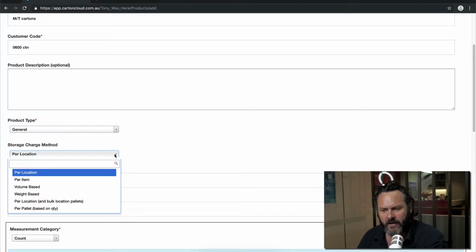Now what this means is if I get in a heap of different cartons and they're all different SKUs, and I've only got a small warehouse and I put them into a rack location, and I don't want to charge for each individual SKU, I just want to charge the one location. So I can put multiple SKUs onto one pallet and put it into one location, and it will only charge my customer for that one pallet space.